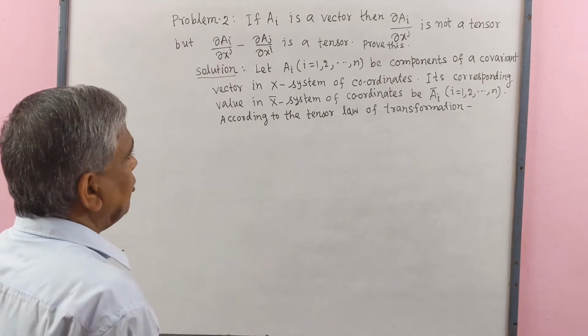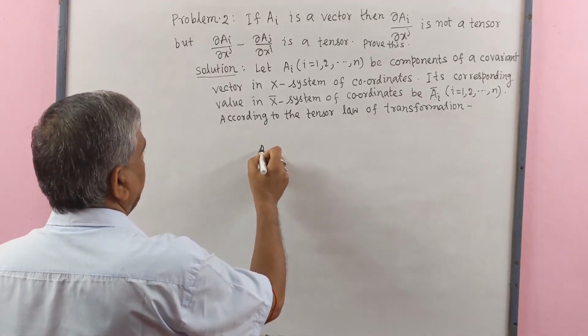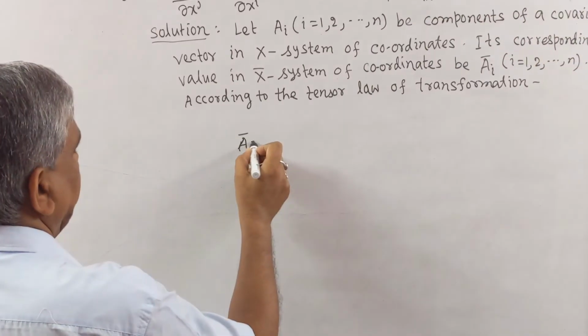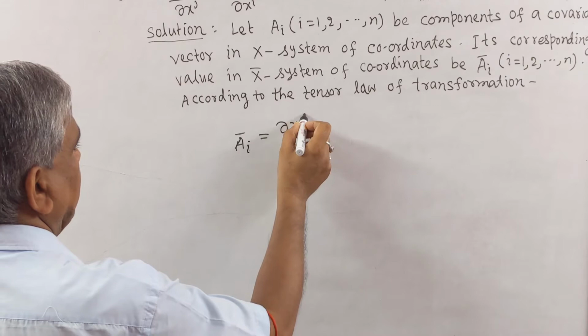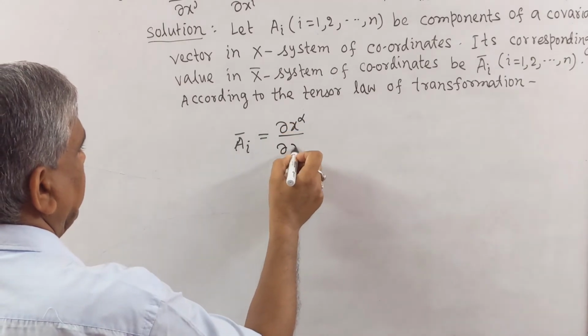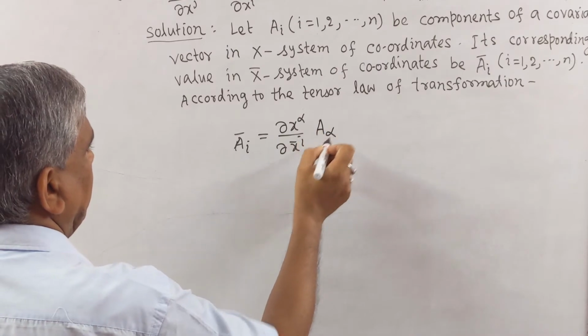According to the tensor law of transformation, a bar i equals del x alpha by del x bar i, a alpha.